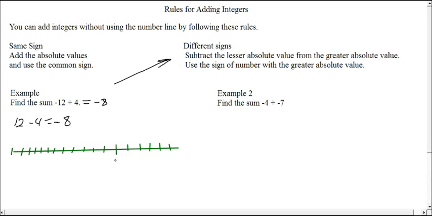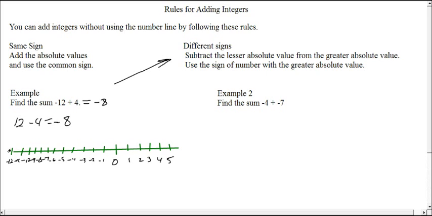Shortly we won't be doing this, but we can do that now. 0, negative 1, negative 2, negative 3, negative 4, negative 5, negative 6, negative 7, negative 8, negative 9, negative 10, negative 11, and negative 12. And over on this side we have 1, 2, 3, 4, and 5.